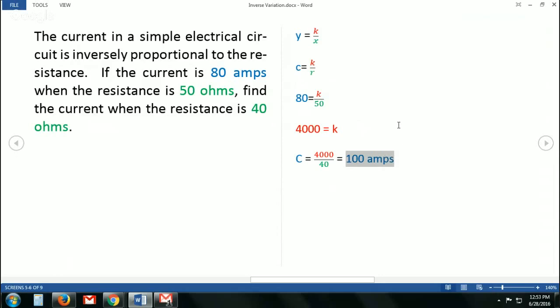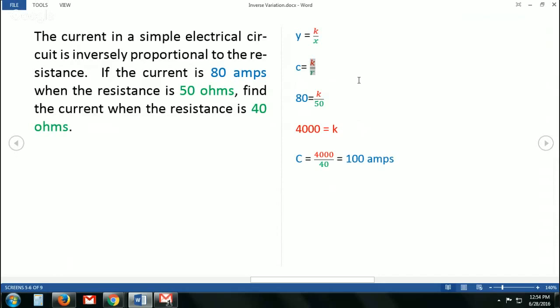Notice that changing the variables to make sense with the problem makes this one a little bit easier. Instead of leaving it in our working equation, y equals k over x, we changed it to be the current is equal to our constant of variation over our resistance. Now, this is easier for us to substitute into.